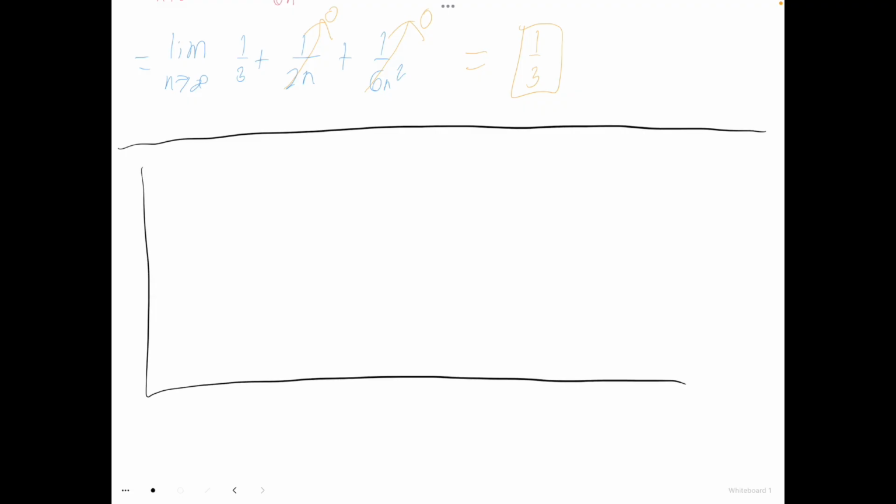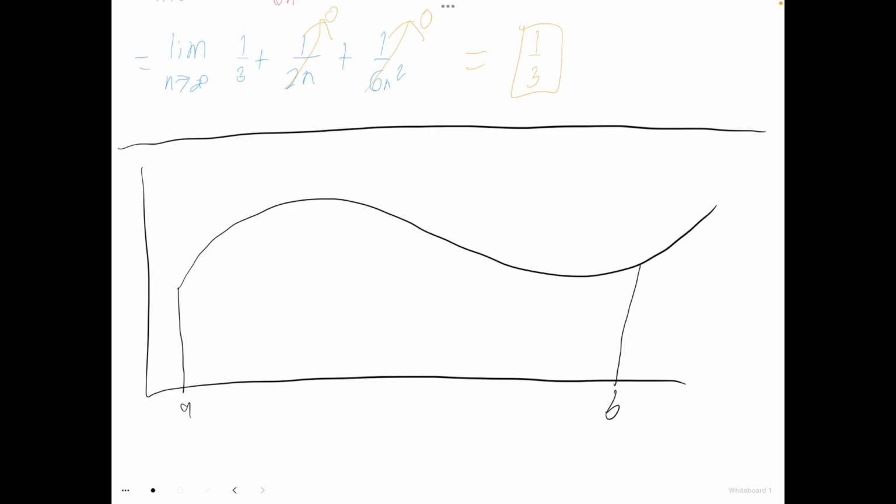And so if we take some region here, we're going from a to b. If we divide this up into pieces, as we've done before, so this is S1, S2, S3, S4, and S5.